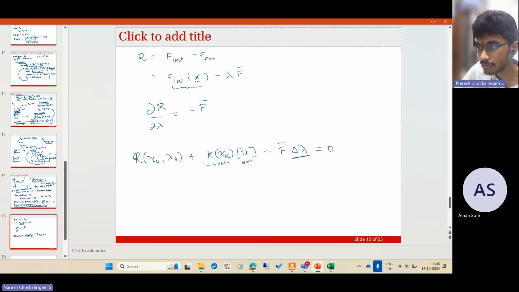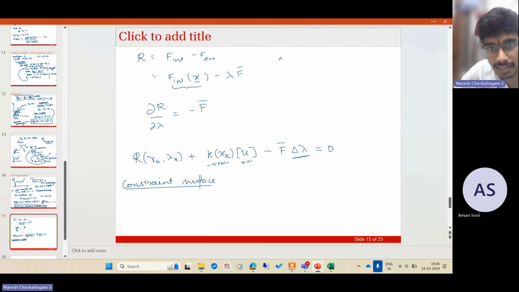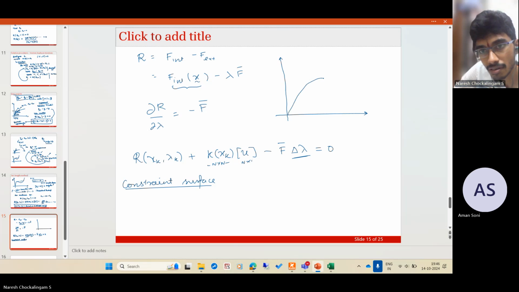So to find this unknown variable, we have something called the constraint expression. So we have a constraint. We call it the constraint surface. The issue was we could not find a tangent here. The tangent to this curve at this point is actually 0, and we cannot invert it.